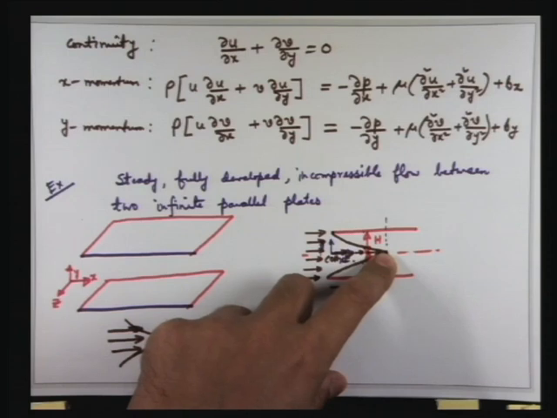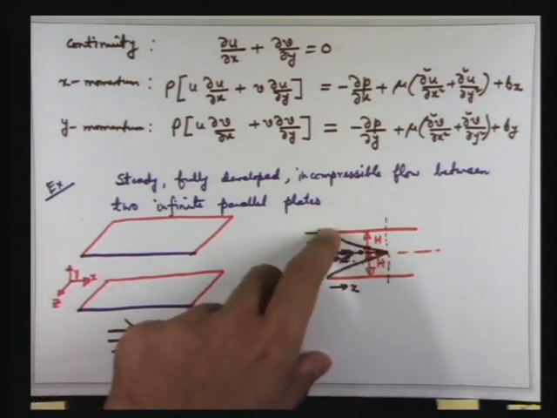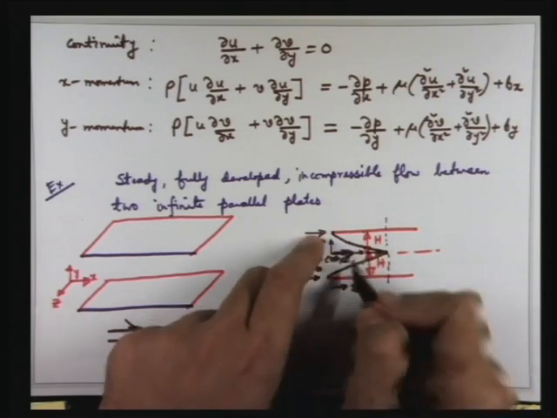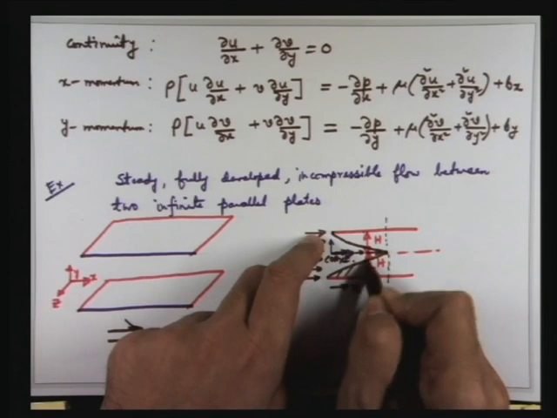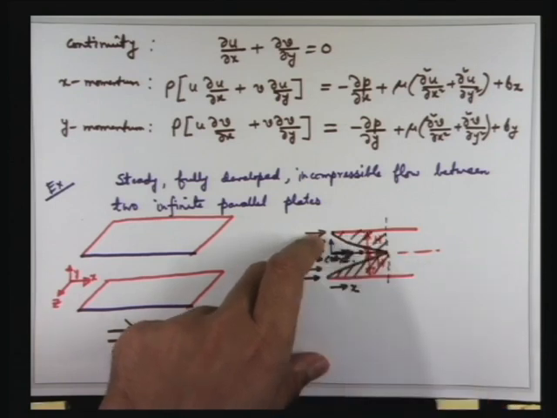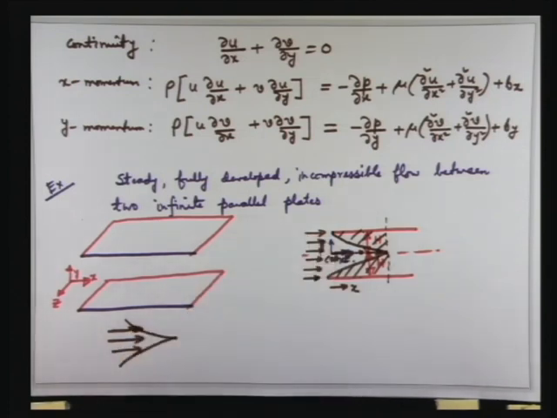Till the boundary layers are growing, what is happening? The fluid within the boundary layer feels the effect of the wall. Boundary layer is the layer within which the viscous effects are felt, and viscous effects here mean the effect of the wall, which is propagated by virtue of viscosity within the fluid.